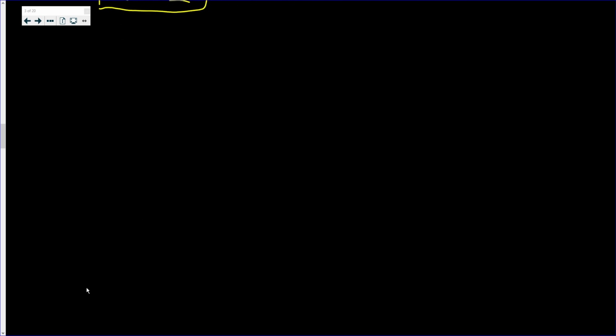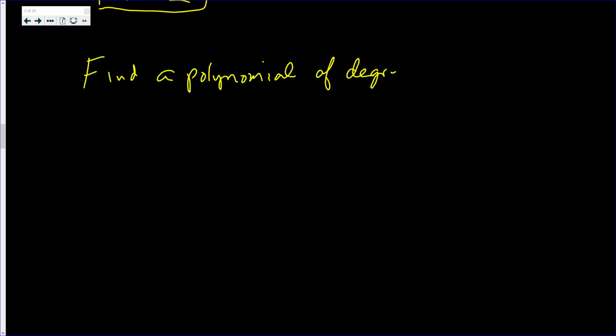Now, let's change to a different type of problem. Find a polynomial with the following conditions. You want it to be degree 3 with 2 roots being, say, 3 and i.